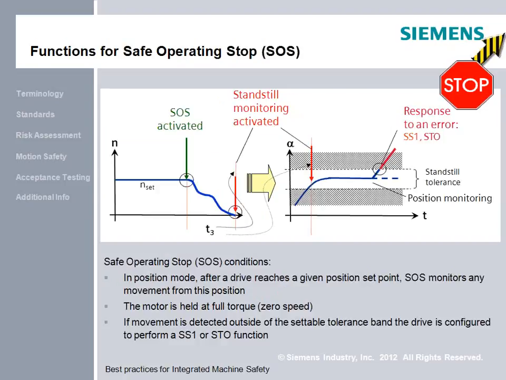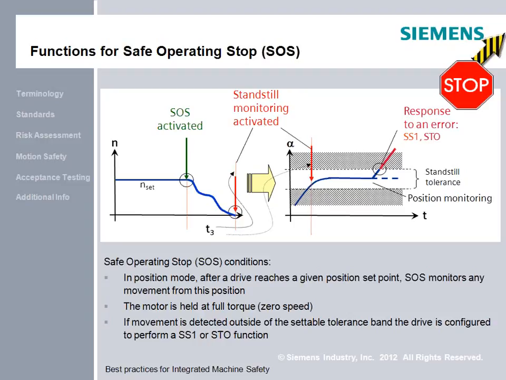Safe operating stop. We talked about safe operating stop briefly. It's a methodology to monitor a machine that's in a standstill condition. So the safe operating stop would be asserted while I had this operator door open on this machine that I'm imagining, and its role is to monitor the machine for movement.